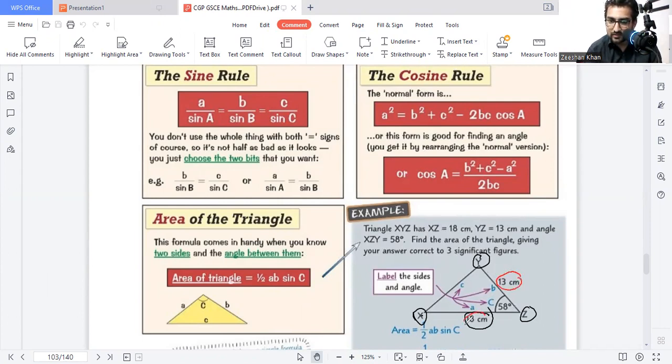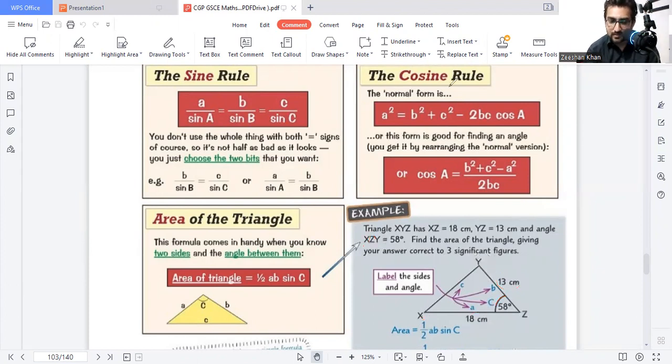Now you can see these two sides are given, and the angle between them is given, XZY. So the angle will be in the middle. Always draw the angle in the middle. So this is 58 degrees, given.